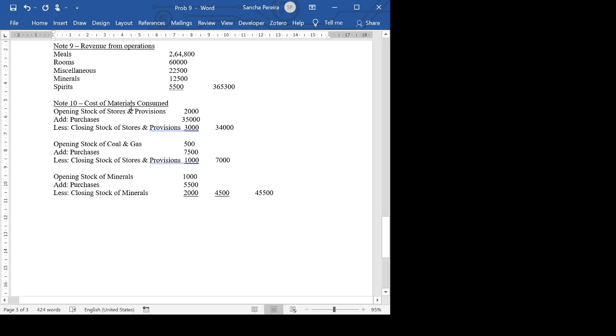Okay, so I will go to the next thing now. Next thing I'm going to show is purchases. Cost of materials consumed. Then we have purchases, Note 11, only those purchases that I have not taken here.